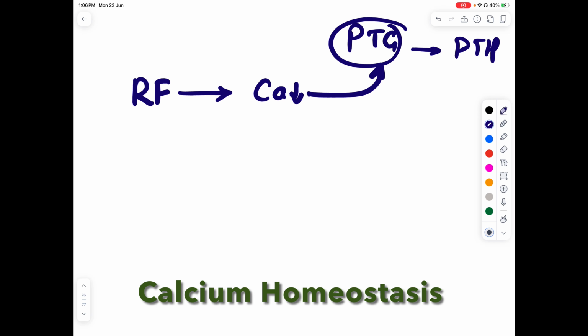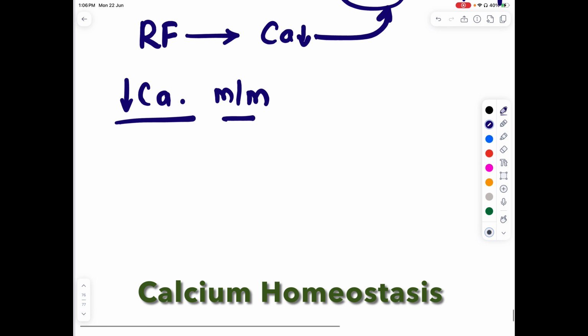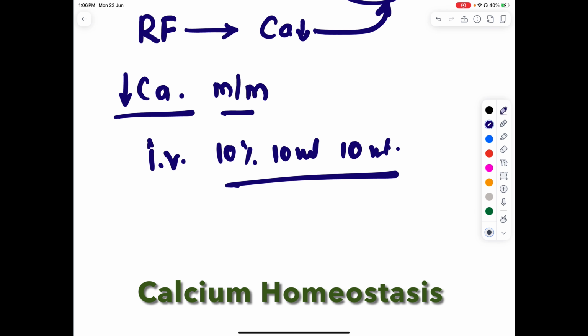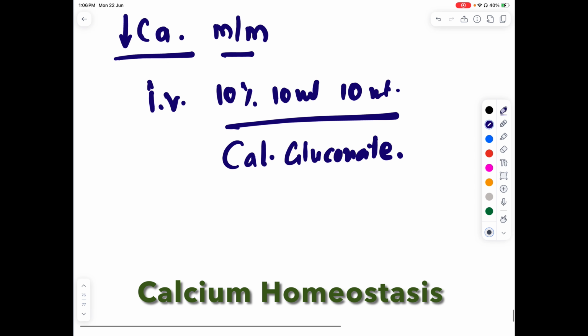How would hypocalcemia be managed? Now calcium is low, so how does it have to be managed? The important thing is you have to do the ECG, and you immediately give IV 10% calcium gluconate, 10 ml over 10 minutes. The infusion is given to check the paresthesia, muscle spasms, and whether arrhythmia is there, measuring calcium plus ECG.